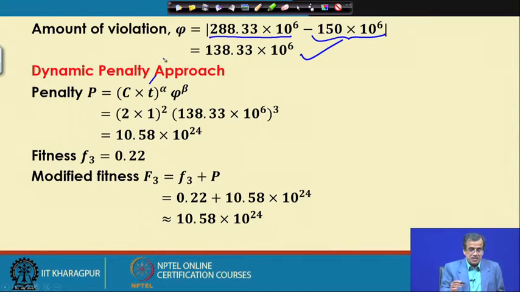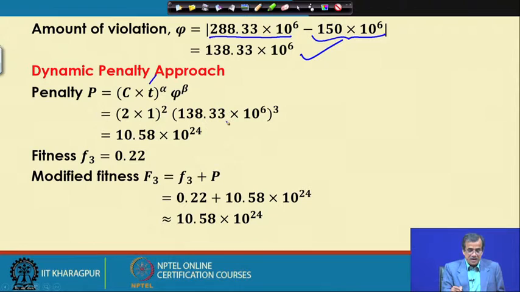Now, T is nothing but the iteration number. So, we are just going for the next iteration, and that is why we put T equal to 1 here and C equal to 2. These values are assumed by the user. Alpha is assumed to be equal to 2 and beta is also assumed to be equal to 3, and this is the amount of violation.